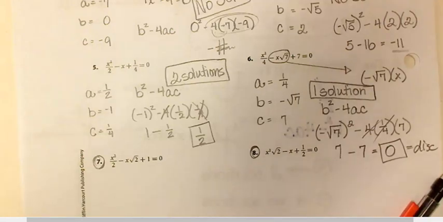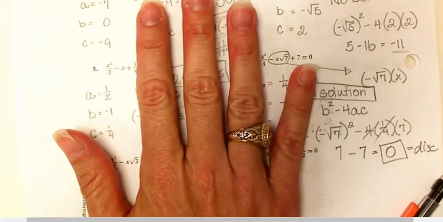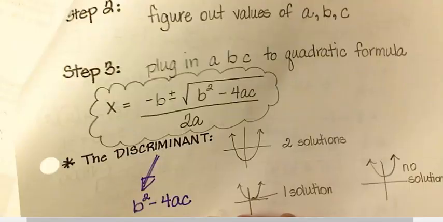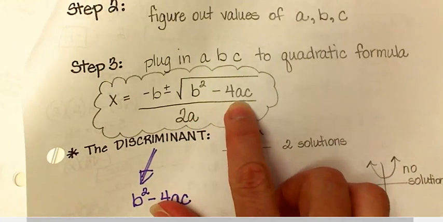Also, as part of this practice, I have assigned one single IXL objective that goes along with this because it's all about using the discriminant. And remember, the discriminant is just kind of a shortcut. It's part of the quadratic formula, the part under the radical.